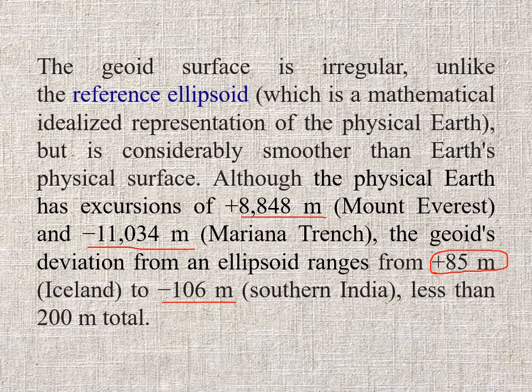So together the elevation difference is approximately about 200 meters. In contrast, if you look at the original surficial height and depth, the original difference is about 20,000 meters. Minus 11,000 is the deepest part, and plus 8,800 the highest altitude part.